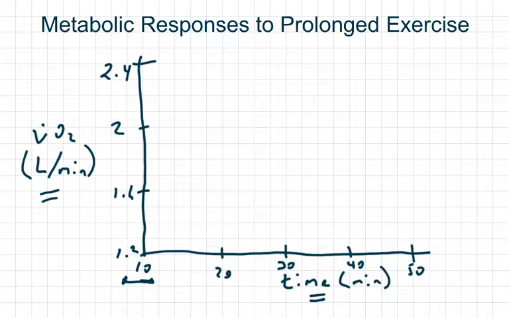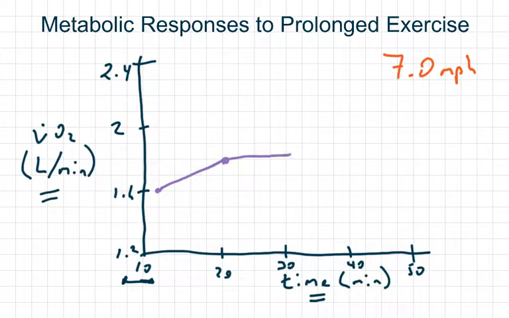And so let's say our subject is continuing to run at 7.0 miles per hour. With our first example, we're going to say that he's running on a treadmill at 7 miles per hour. And so what we see is a general increase, but then a steady state of the oxygen uptake under normal conditions, say with them running the treadmill indoors.